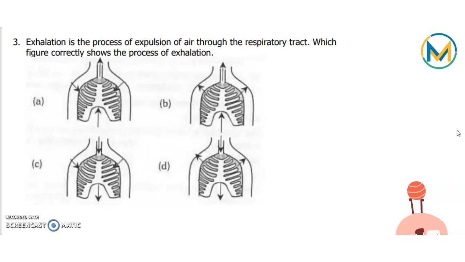So among the given options, we have to find that exhalation is a process where the ribs move inwards, that is down, and the diaphragm relaxes by moving upward. So we have to see this type of arrow among the given options, and the correct answer is option A. Here the ribs are moving inwards and the diaphragm is moving upward during the relaxation.